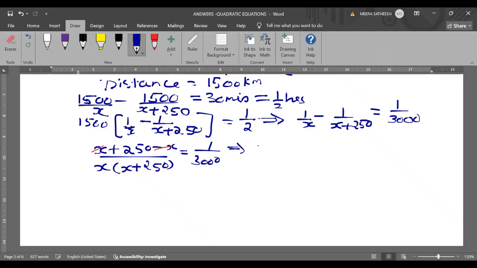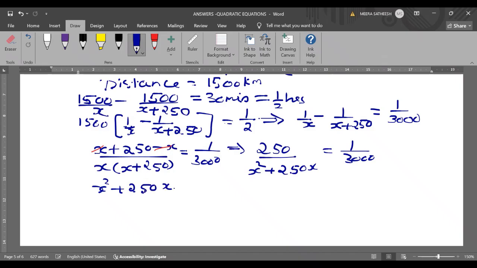Then 250 by open x square plus 250x is equal to 1 by 3000. Cross multiplying, x square plus 250x is equal to 250 into 3000. 25 into 3 is 75. Then how many zeros? 4 zeros. 1, 2, 3, 4. Now bring all to the left side.